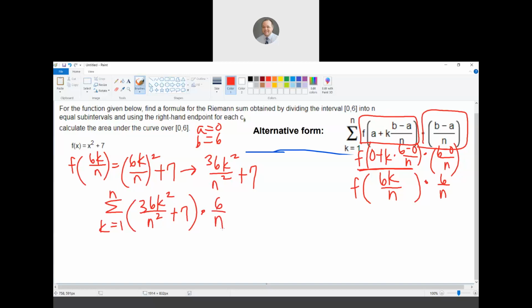Now, a couple of things we are going to do. We are going to split this off into separate summations.